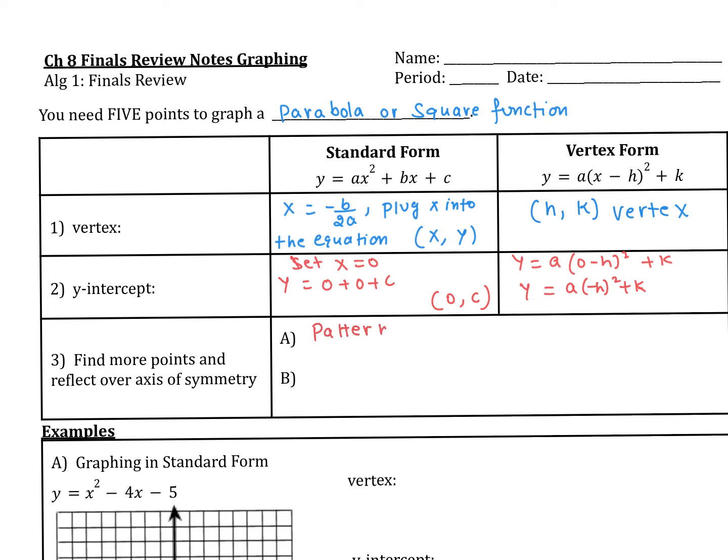The pattern from the vertex is over 1 up 1, over 2 up 4, over 3 up 9, and you can find as many points as you need from this pattern. For the reflection, you make the upside down graph, and that would be a reflection over the x-axis.